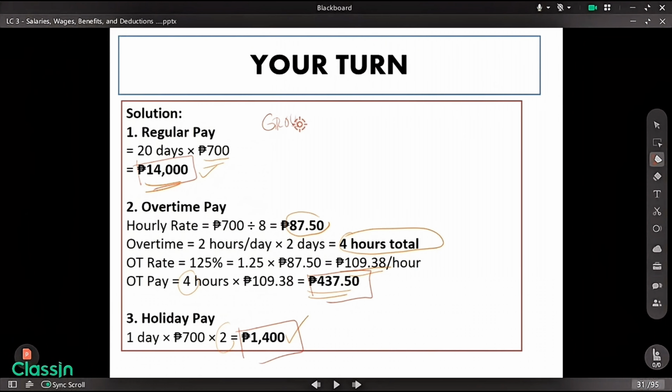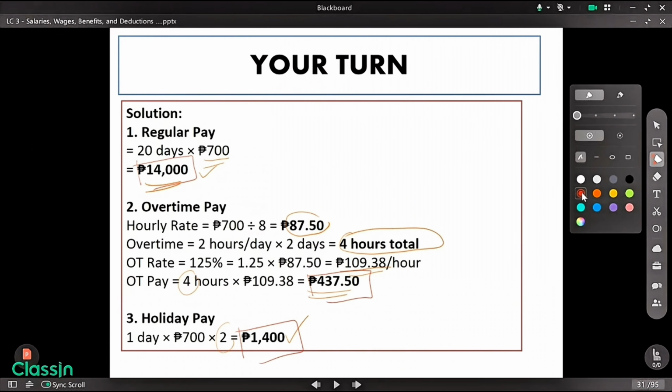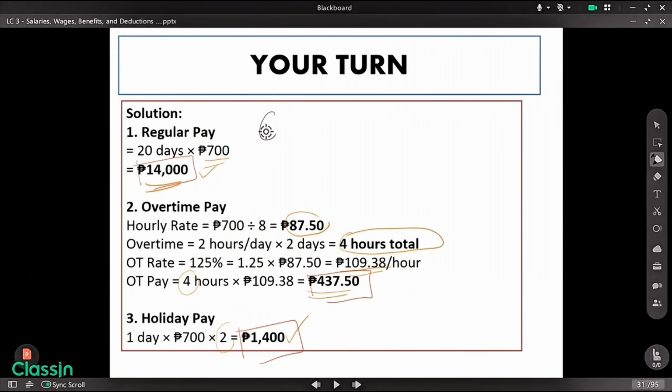Gross income: we have our basic pay, which is 14,000 pesos, plus the overtime pay, 437.50, plus the holiday pay, the double pay, 1,400.